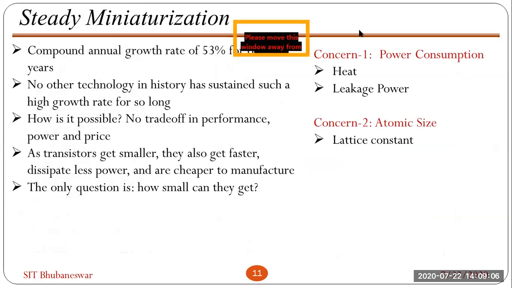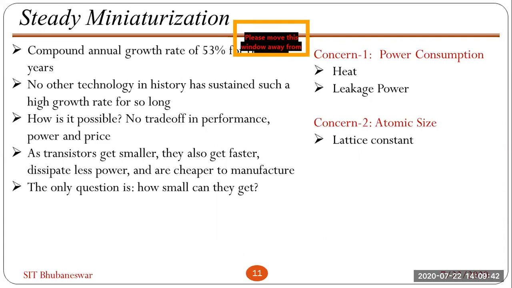So the next thing is steady miniaturization. As we scale this device down, we are getting better performance and less power consumption. Everything is okay for us. You can see in semiconductor technology how this industry is growing heavily compared to other industries.